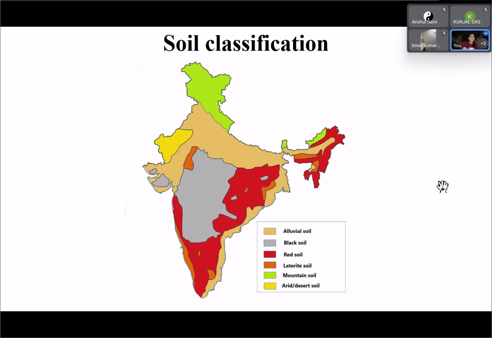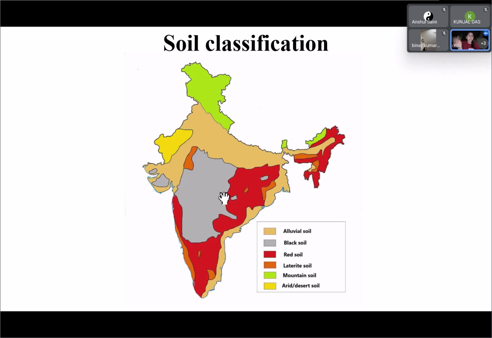So when you look into the soil classification of India, you have these different kinds of soil: mountain soils, alluvial soil, black soil. When you go back to the lecture, you will see that they are described based on what kind of components they have, where they are present, and what their productivity is. What kind of things can you grow on that soil, and why can't you grow them on the other kinds of soil?